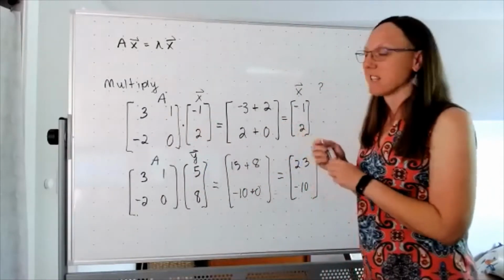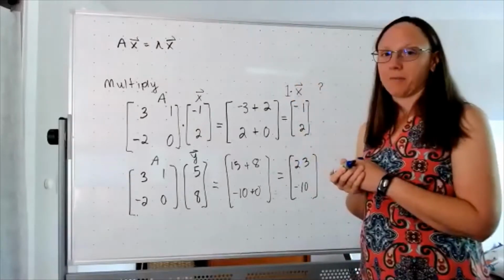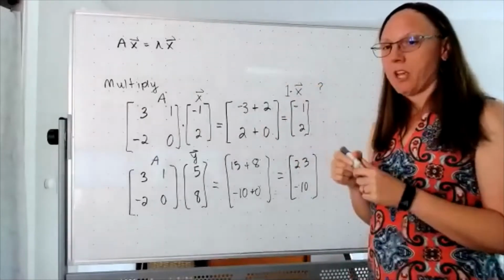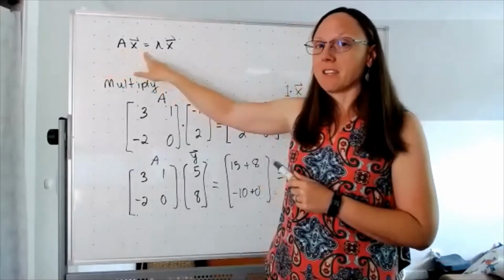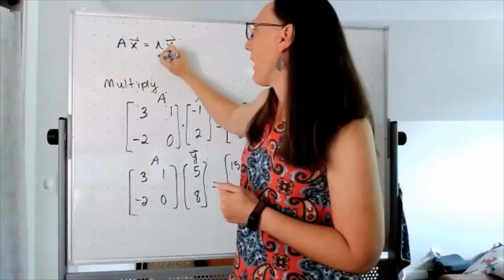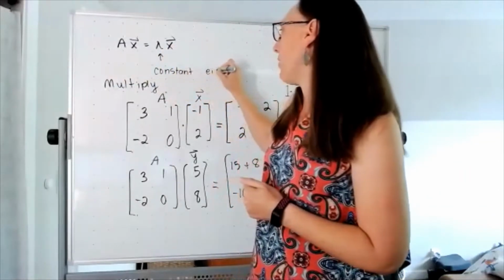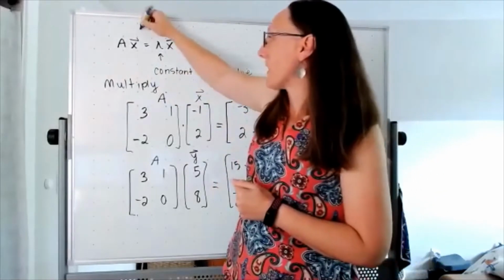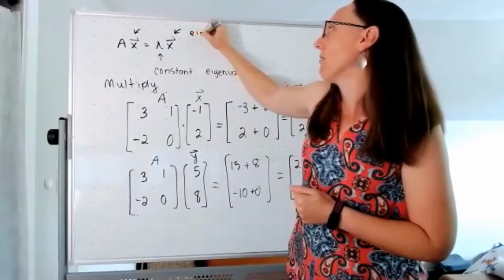In this case, we got a multiple of 1 times the vector back. So when we have that super special relationship, where multiplying the matrix times a vector gives us a constant times the vector back, then we call that constant the eigenvalue. And we call that super special vector that it happened for the eigenvector.